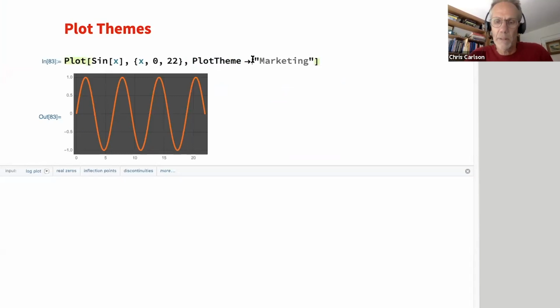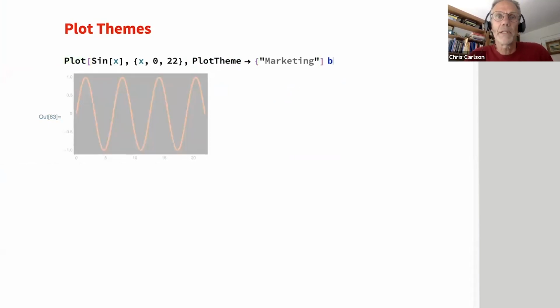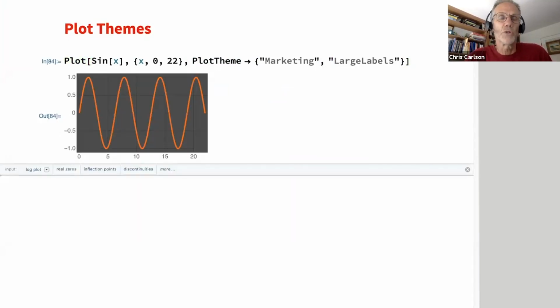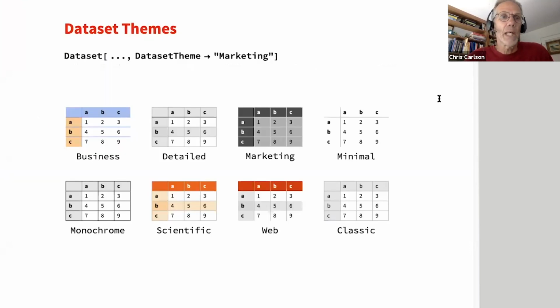These can also have sub-themes like large labels that you can use to fine-tune the plot themes. We're going to apply the same idea to dataset. This is not yet prototyped, but this is the proposal. These are the basic themes, analogous to the plot themes, giving you minimal, classic, monochrome, and so forth, dataset themes.